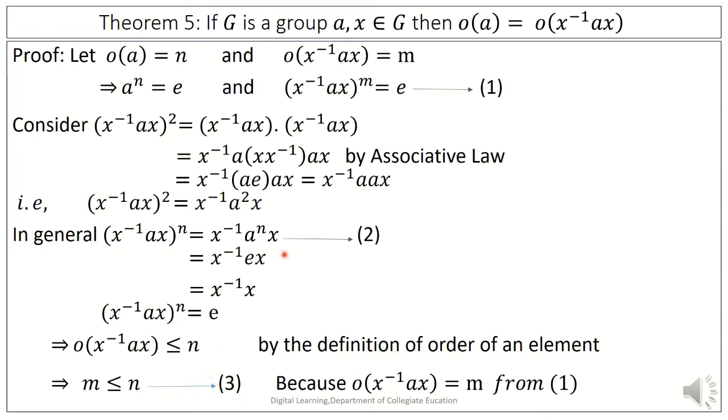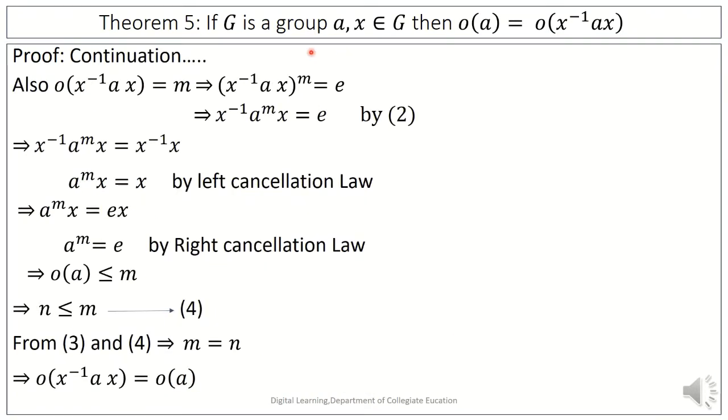In the next step, let us take this one. Order of x inverse into A into x is equal to m. Here, again by the definition of order of an element, we can write x inverse ax to the power m is equal to E. Here by equation 2, we have x inverse ax to the power n can be written as x inverse A to the power n into x.